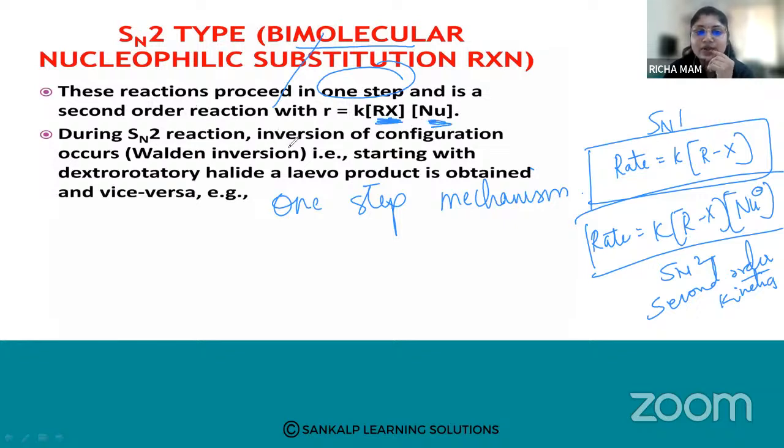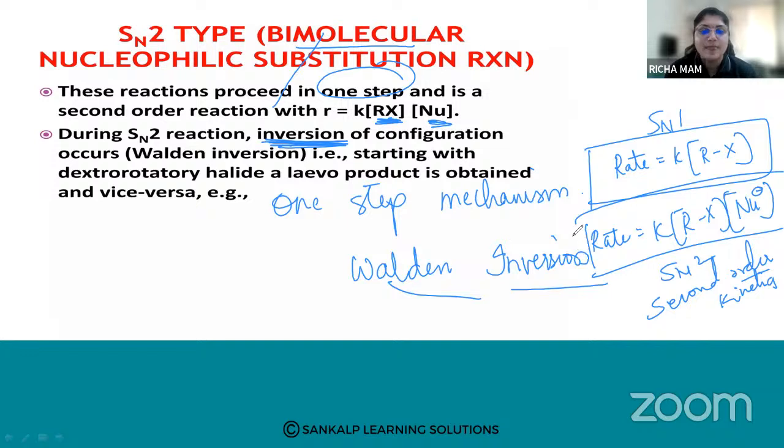During the SN2 reaction, inversion of configuration is possible, and this inversion is called Walden inversion. Mark this as very important. In the SN2 mechanism, the type of inversion seen is called Walden inversion. Understood?